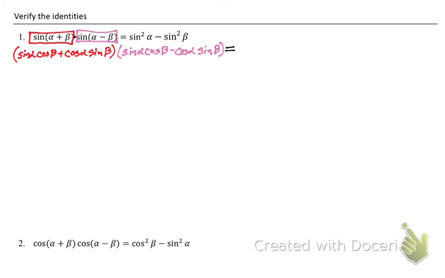Realizing your a squared is going to be sine alpha cosine beta squared, so both of them are going to have squares on them. So we're going to rewrite this as sine squared alpha cosine squared beta minus cosine squared alpha sine squared beta. That is our difference of squares.